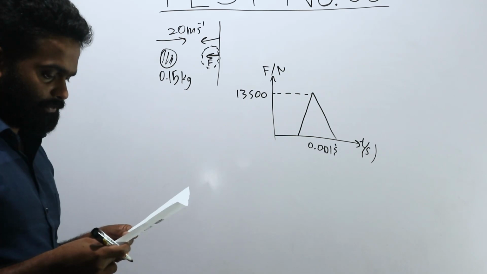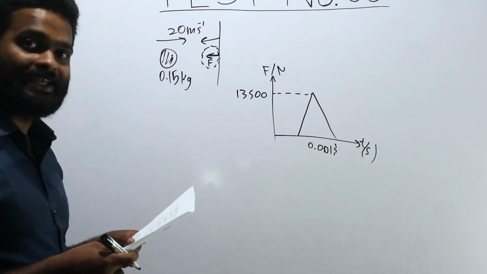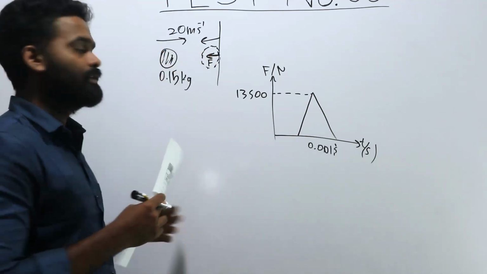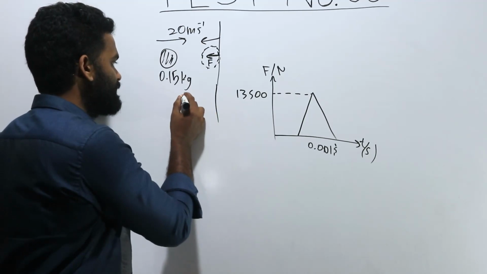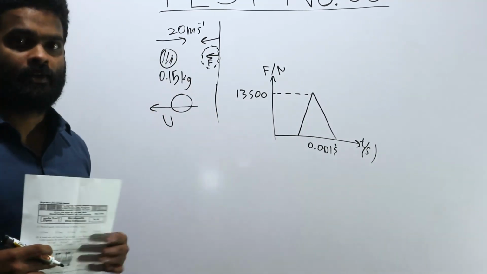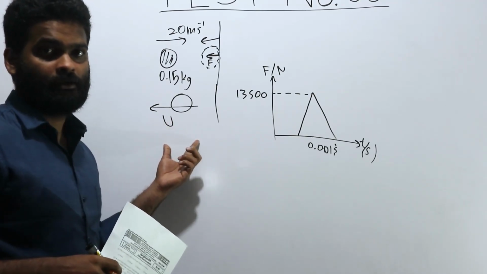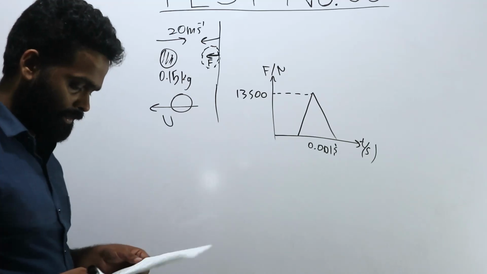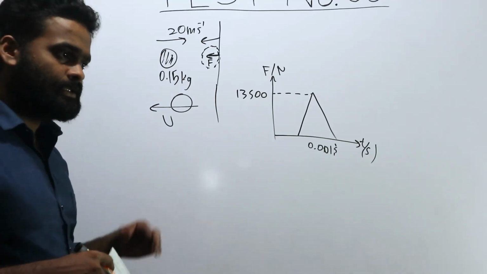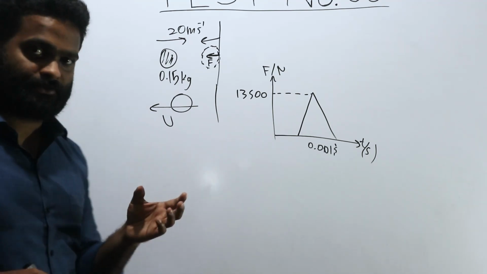If the ball jumps off in the opposite direction, what is the speed of the cricket ball just after hitting? So at another moment, this ball gets another velocity to the opposite side. Let's say that velocity is v. The question asks us to find this velocity v.